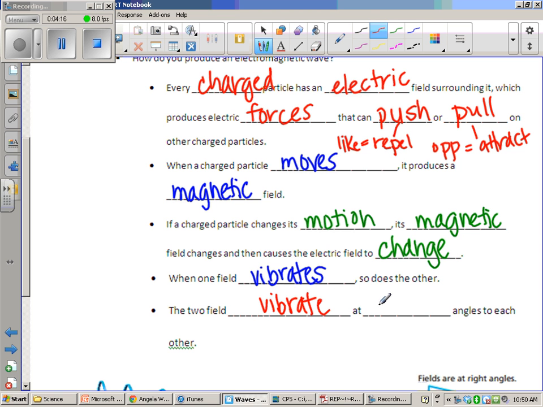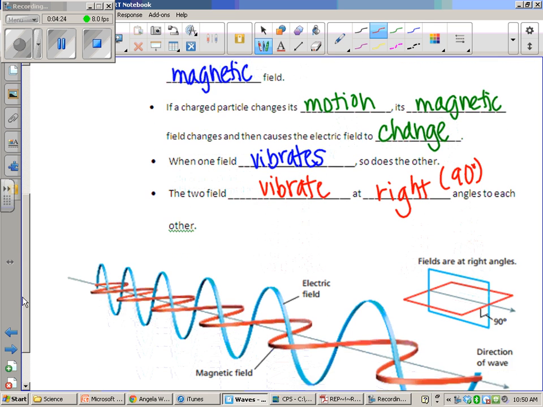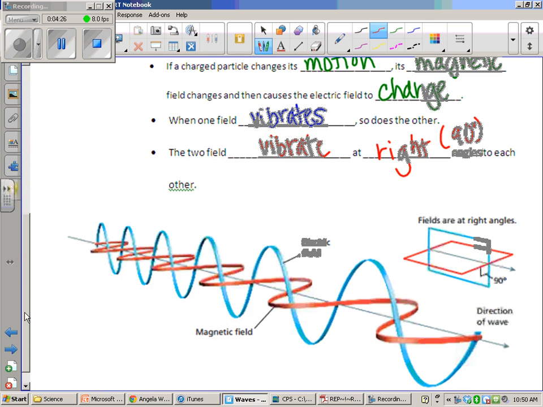So at 90 degrees, okay, we know right angles, that's 90 degrees to each other. So if you take a look at this diagram, you see that these are transverse waves, okay, because they have crests and they have troughs. We know that the blue wave you see on the diagram is the electric field.